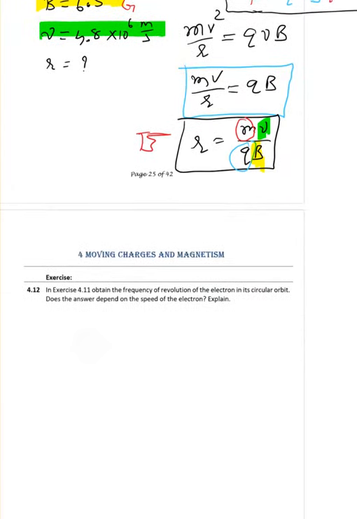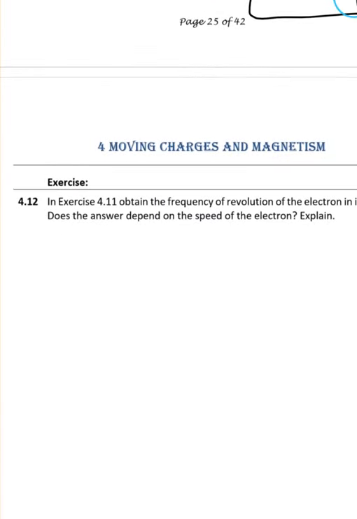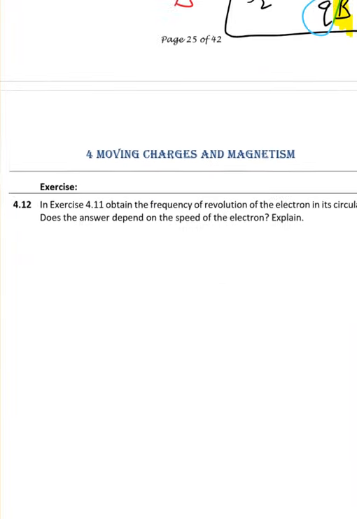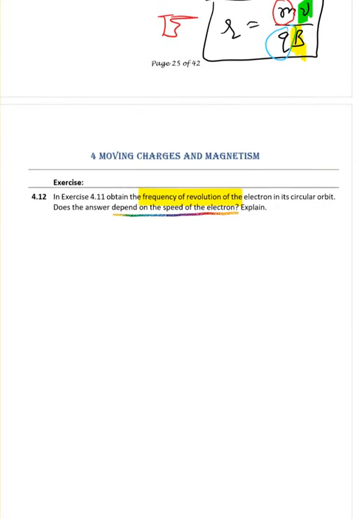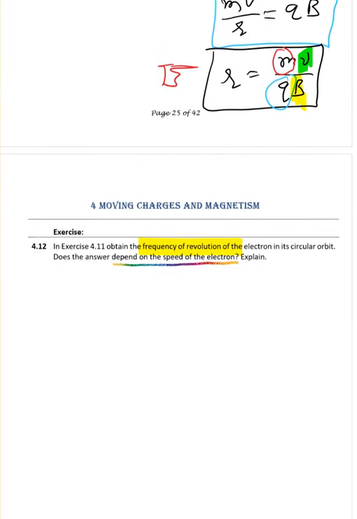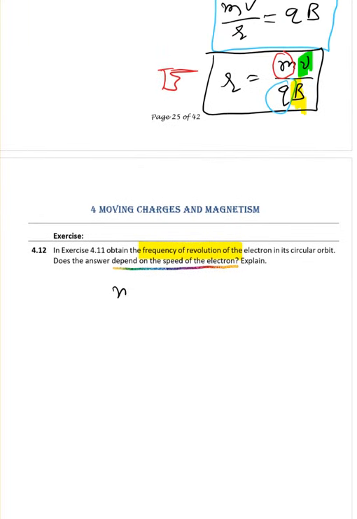Now in the 12th one, we are told to obtain the frequency of revolution. The same situation, but now we are asked to find out the frequency of revolution of the electron on this circular path, and we are asked to check if it depends on the speed of the electron. So from the previous problem, now we know that mv by r is equal to qB.